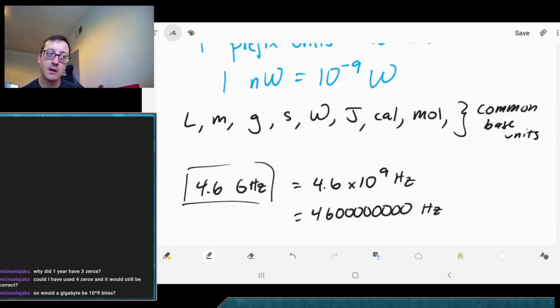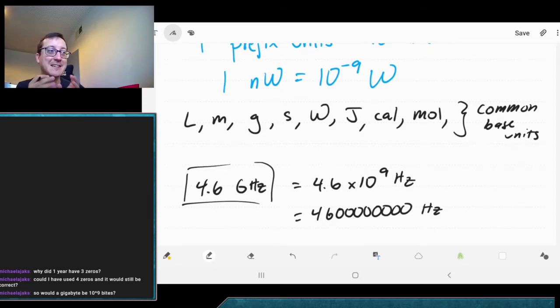A higher end processor is going to have an operating frequency of roughly this number, and it's easier for us to compare. We've got 4.6 gigahertz versus 5.1 gigahertz or whatever. It's just easy for us to think about those numbers if they have the appropriate unit with them.